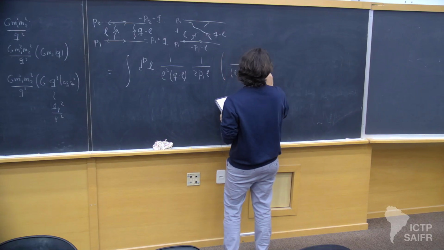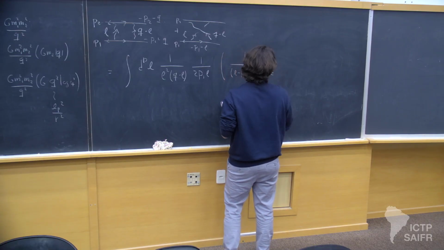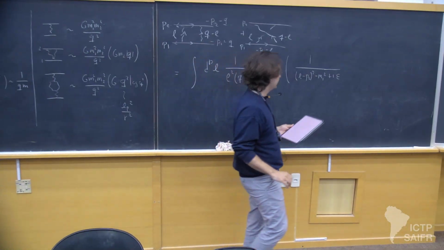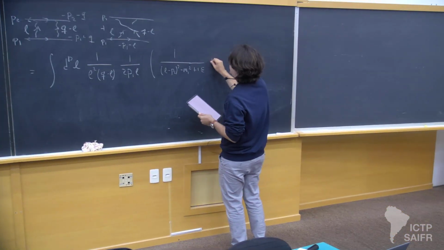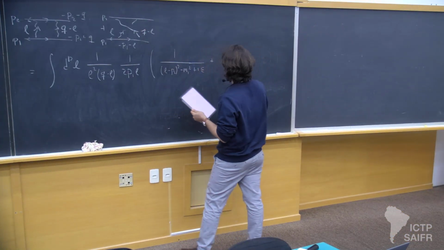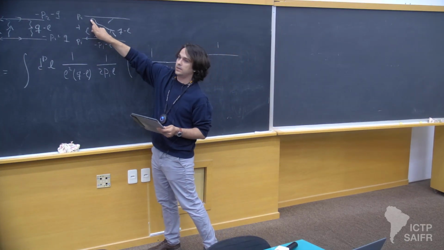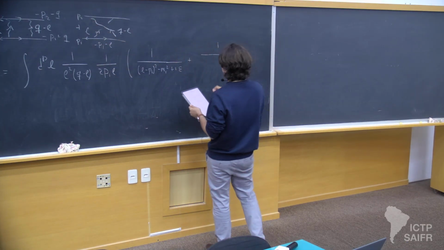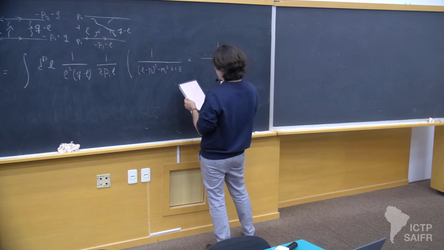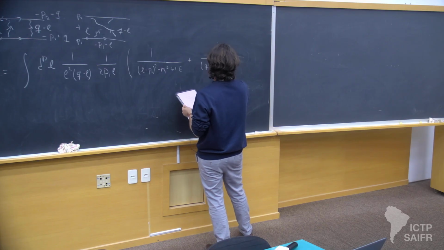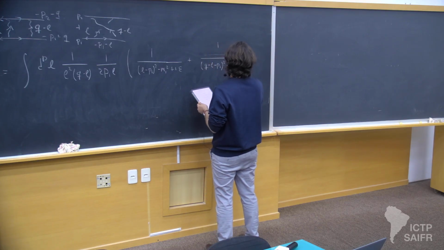And importantly, I'm going to add an i epsilon that I will have to keep track of, which is something that so far I didn't worry too much about. And then there's a contribution from this one, which is the same thing, but instead of L, it is Q minus L, which is entering here. Okay, so here I will have Q minus L minus P2 squared minus M2 squared.